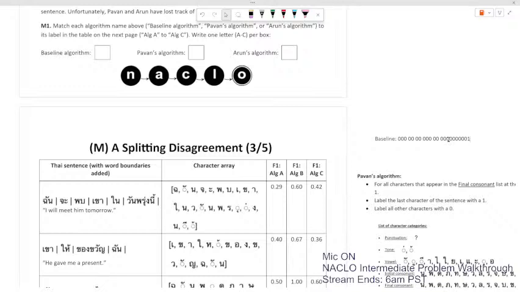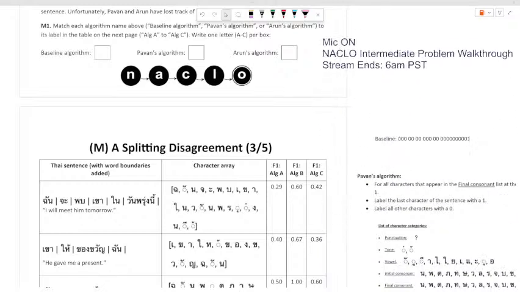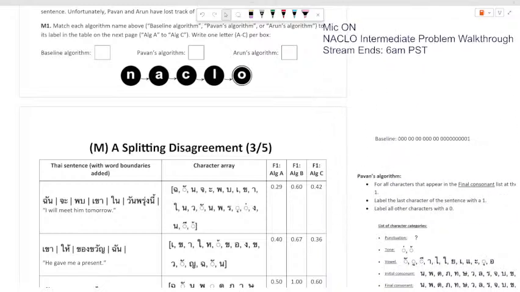Is there only a question mark in Thai? I wonder if we get a calculator on NACLO. Let me just double check that, actually.